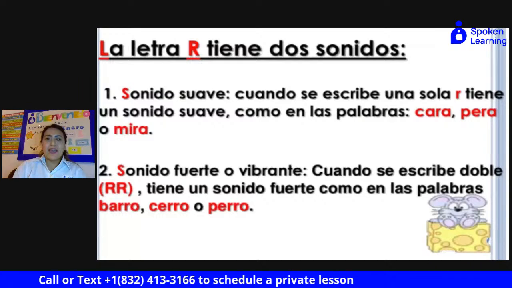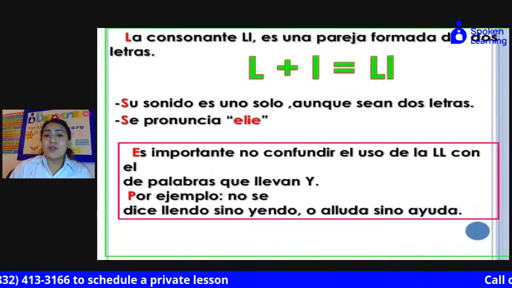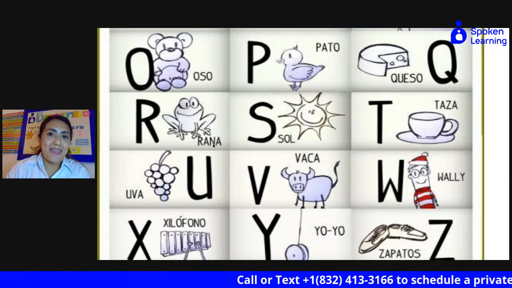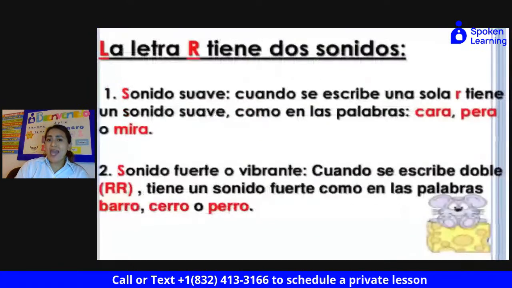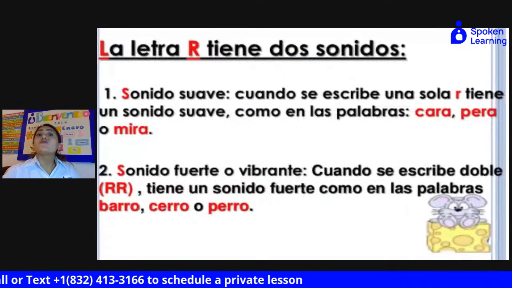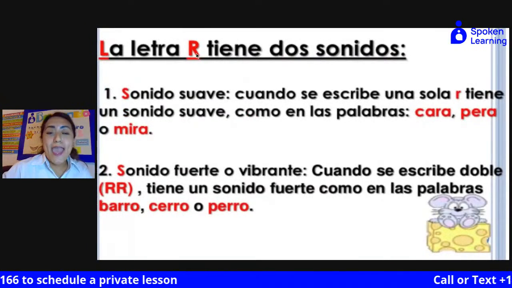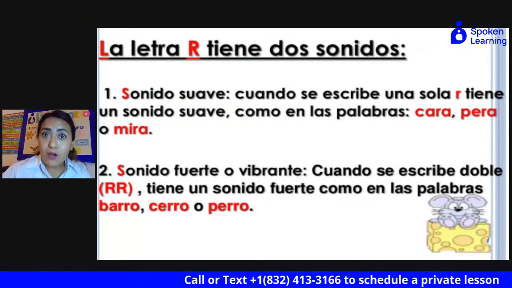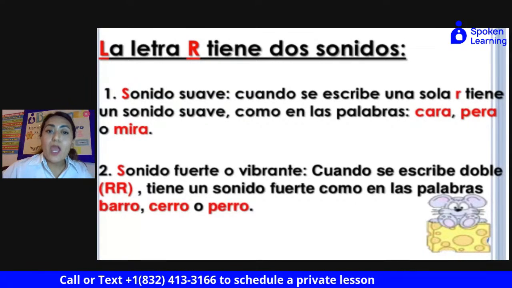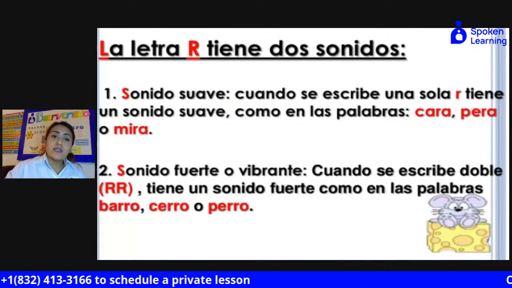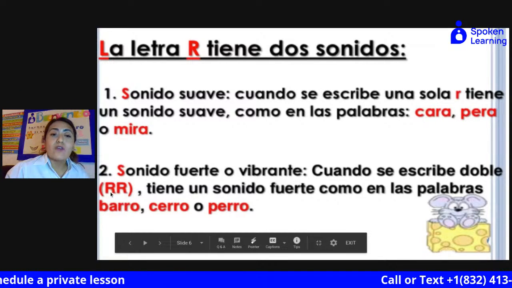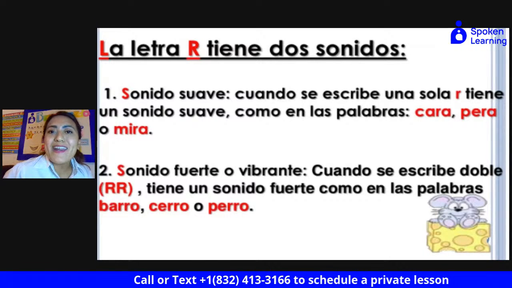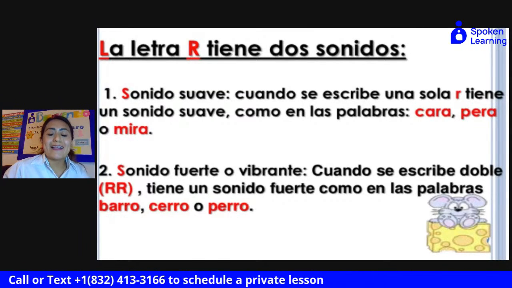Very good. Now, remember I told you about ere, but if I pronounce this word, it's rana. I'm gonna explain why it sounds very strong. If you have ere, just one, that is the name of this sound. Ere. But in some words, we are gonna add the sound of doble R. Exactly.